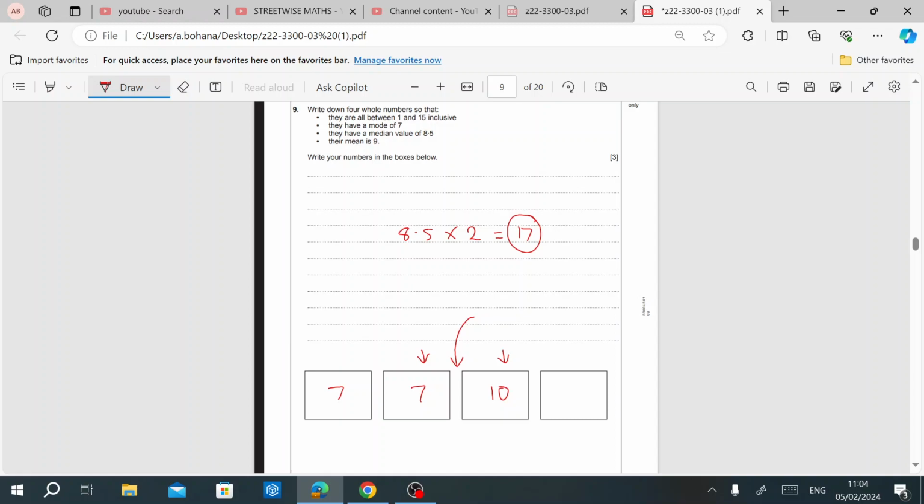We also know that the mean is 9, so that plus that plus that plus something, when divided by 4, equals 9. So 4 times 9 is 36. So all of these add up to 36. So 7 and 7 is 14, plus 10 is 24. So what do we add to 24 to get 36? The answer is 12. And there's your answer there.